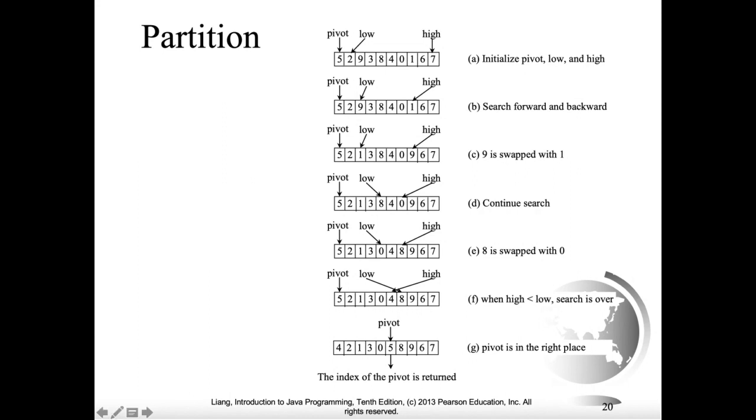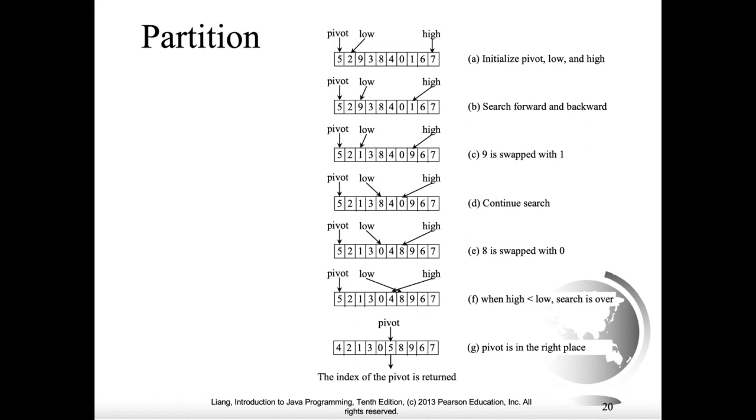And now at this point, we have to do swap. But before we do swap, we have to think about our stopping point. We don't really have any other data to do the comparison because low and high passed each other. I mean, that means we went over the entire array. So basically, the stopping point for this algorithm is whenever the value of high is less than the value of low.